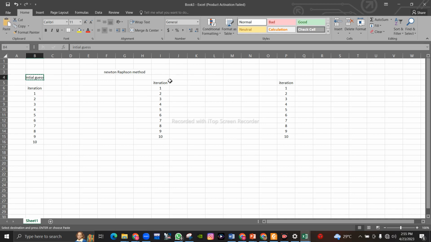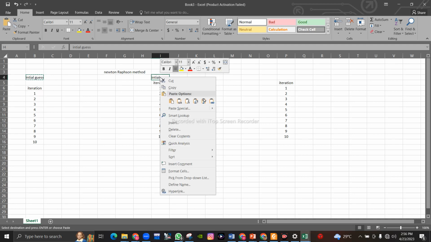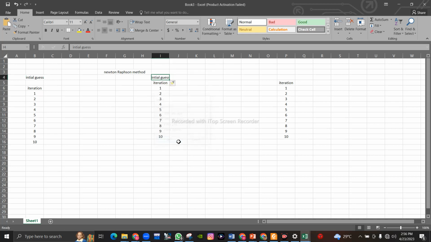Control C, Control V, and then this one is higher than this. Let me push this one down by 1 bit. Insert cell, shift down, good. Let me Control X this, and Control V it here.